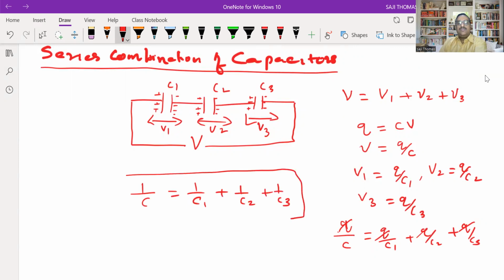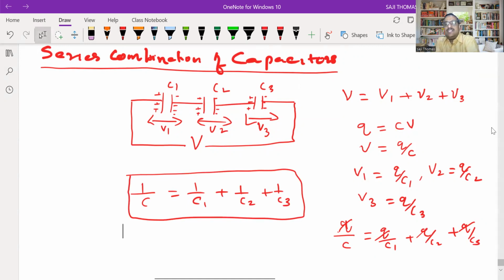So this is the equation for the equivalent capacitance in series. The reciprocal of the equivalent capacitance is equal to the sum of the reciprocals of the individual capacitors.